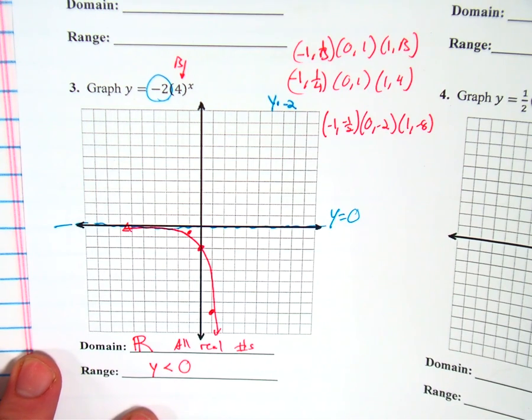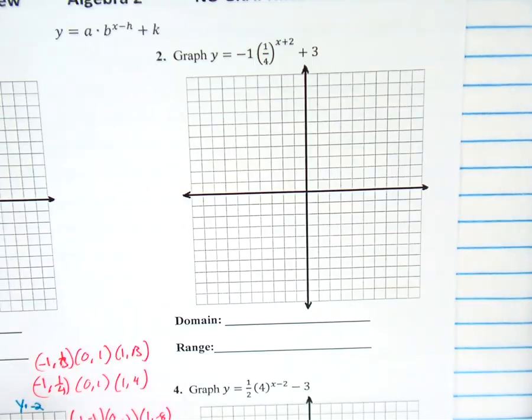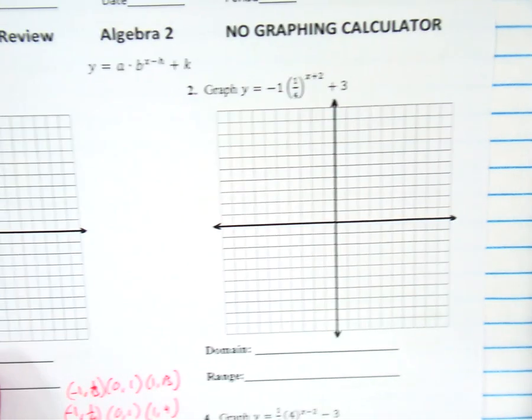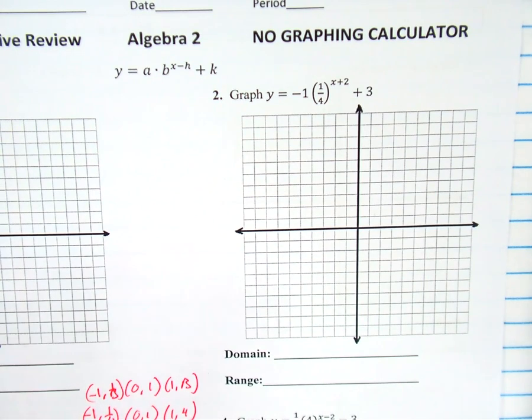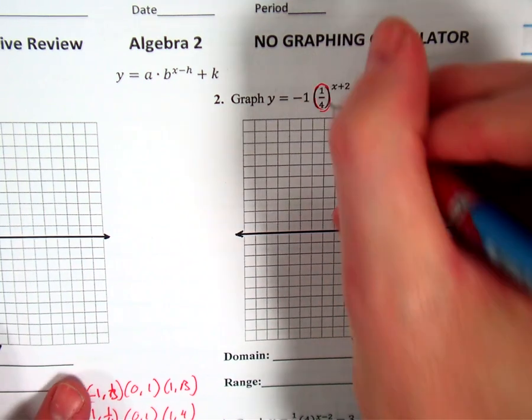Let's slide up top, and let's talk about that 1/4 base on number 2. So we had -1, a negative multiplier again, 1/4 to the x plus 2 in the power, and then plus 3 on the back. So our b is 1/4.